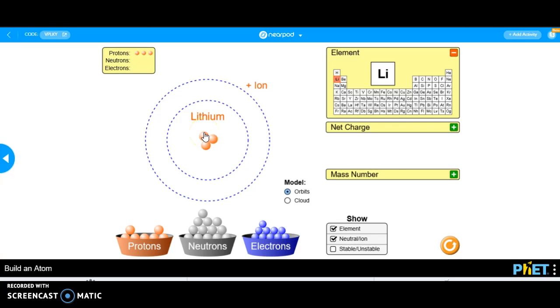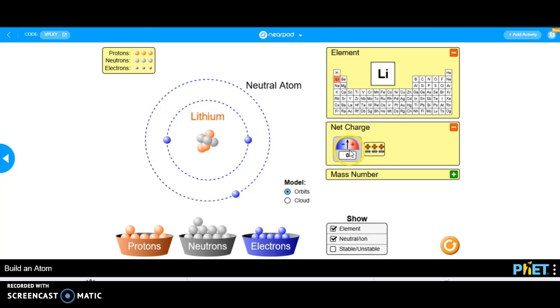So we take 6.94 and subtract 3, because remember, atomic mass minus atomic number. That gives us 3 neutrons. And since we have 3 protons, we need 3 electrons. So the net charge is 0. The mass number is 6.